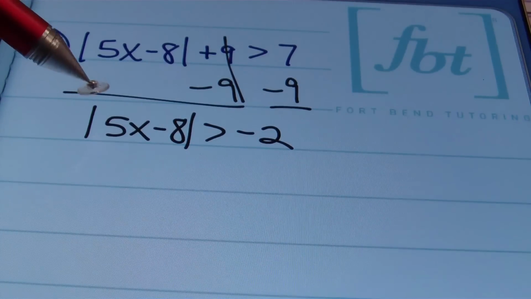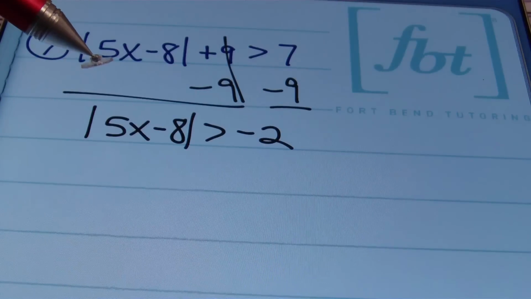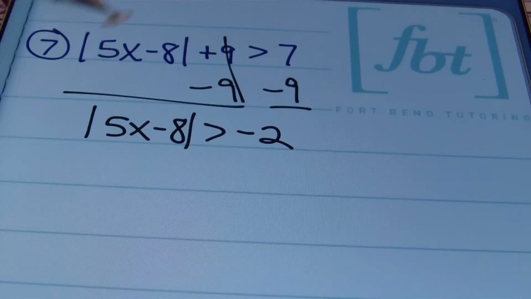So we know that the end result of every absolute value is going to be either 0 or a positive value. So let's think about this. Is 0 greater than negative 2? Yes, it is. Second question. Is a positive number greater than negative 2? Yes, it is.